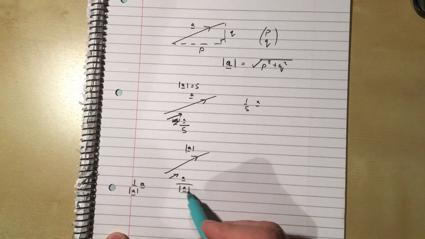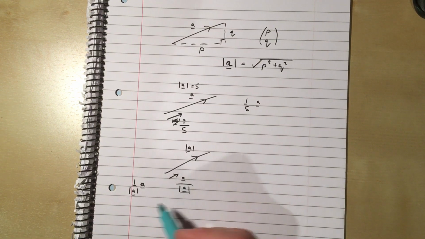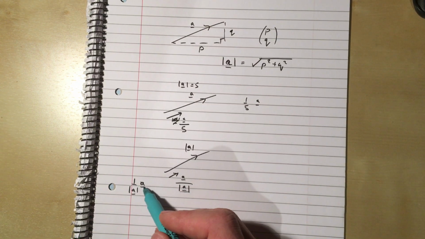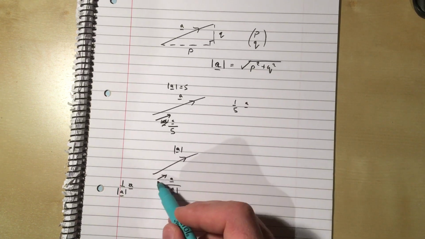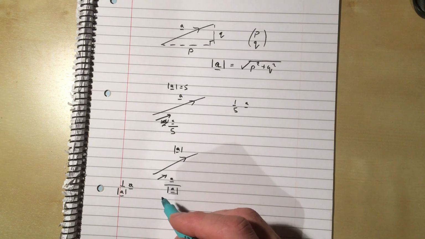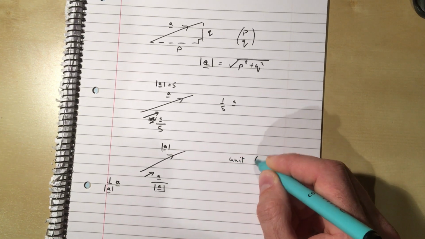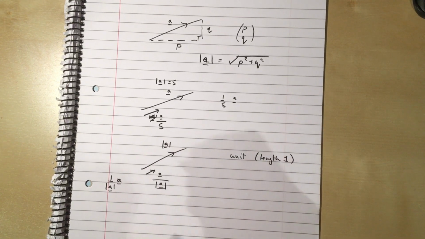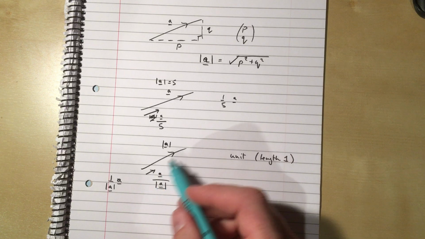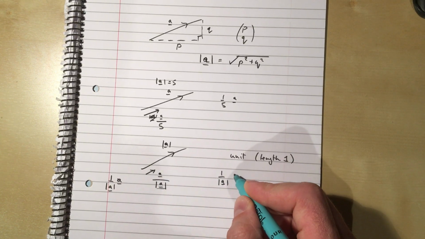Remember, mod A is not a vector anymore, it's a scalar, it's the size of vector A. So vector A times 1 over the magnitude of vector A gives me a vector in the same direction with a length of 1. Now, a vector with a length of 1 is called a unit vector. So a unit vector in the same direction as vector A, we can always get it by doing 1 over the magnitude of A times vector A.